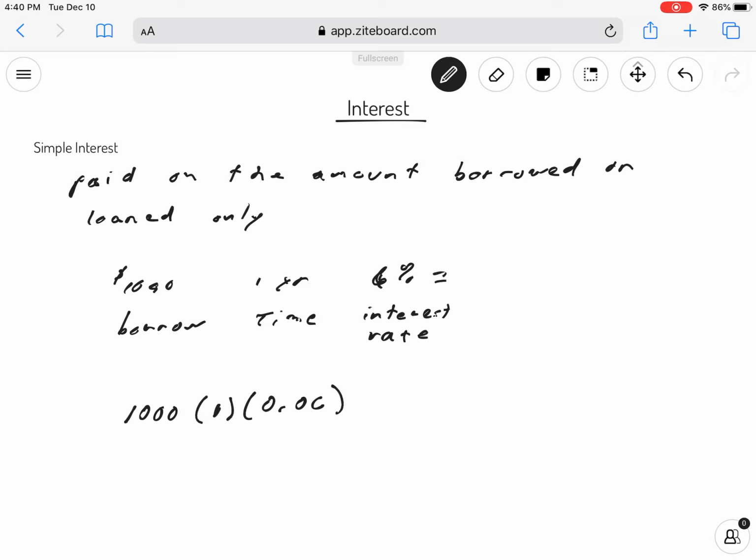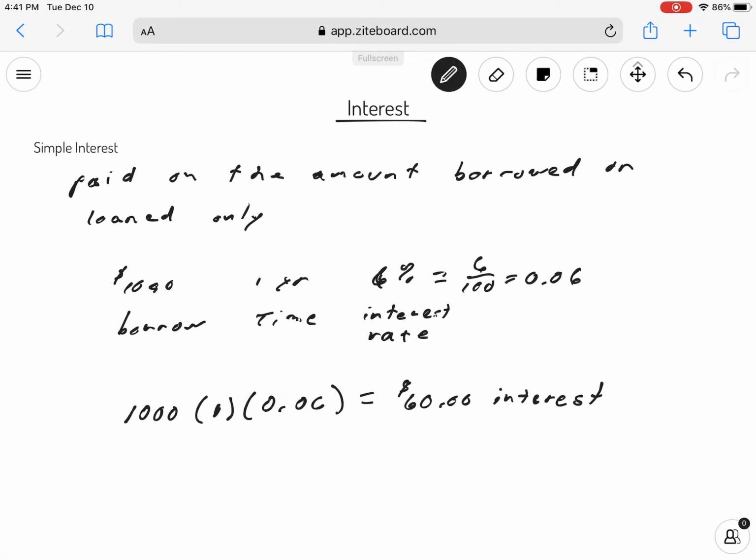So this is, right, 6 over 100, which is the same as 0.06. Okay, and we do all that calculation, and so that gives us, I believe, $60 of interest that we have to pay when we pay it back. We pay back the 1,000 plus another 60.